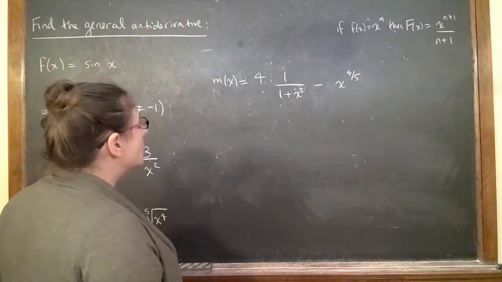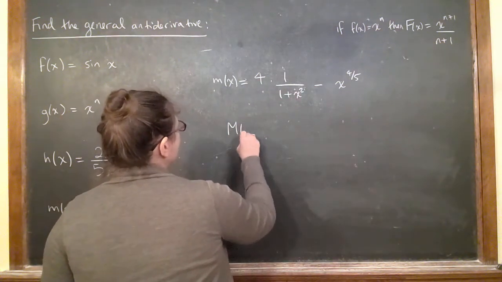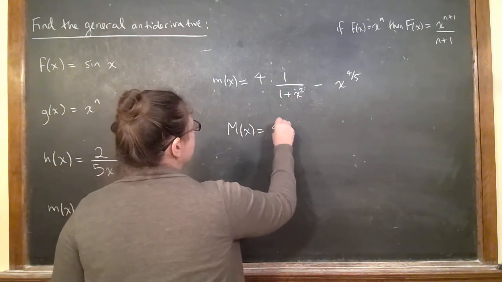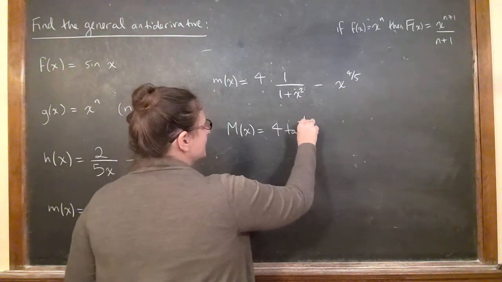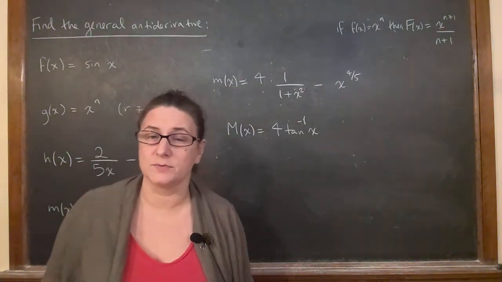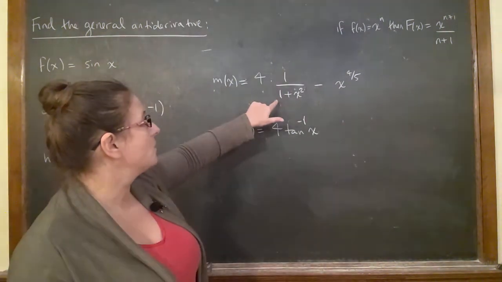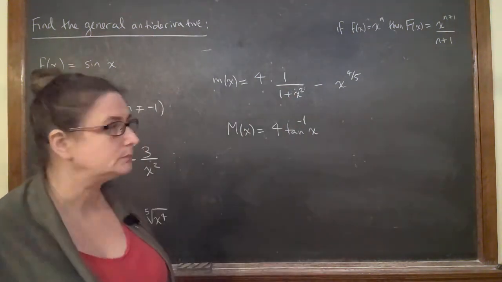So we know that the antiderivative then is just going to be inverse tan of x. Okay? It would be different if it was 1 over x squared, because that would just be a power.